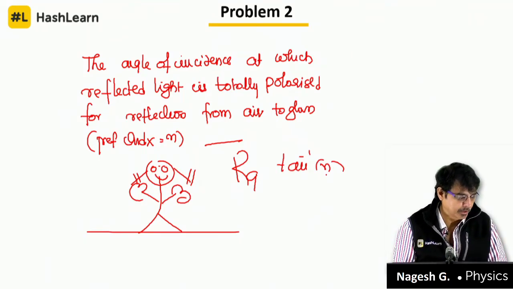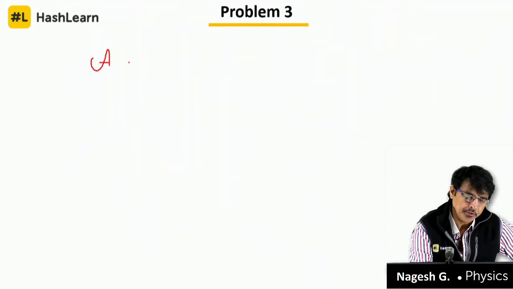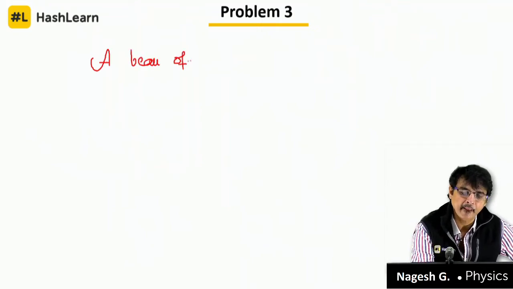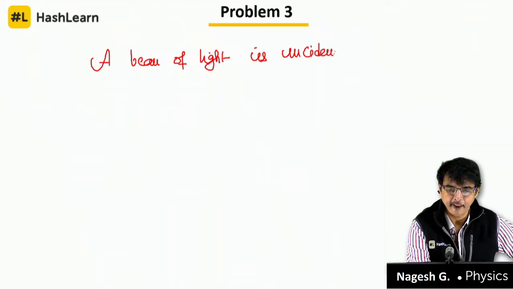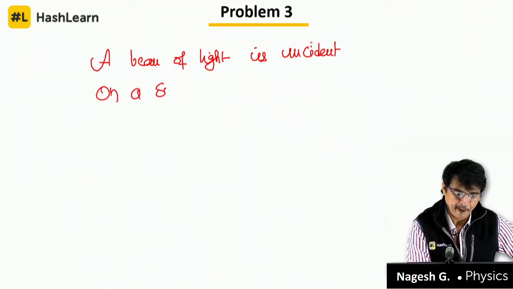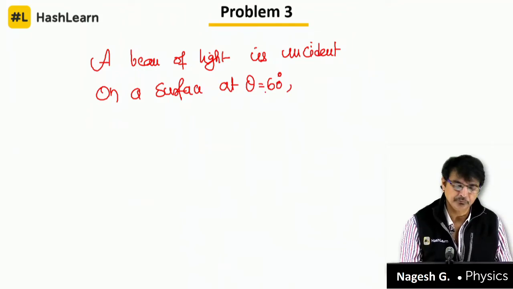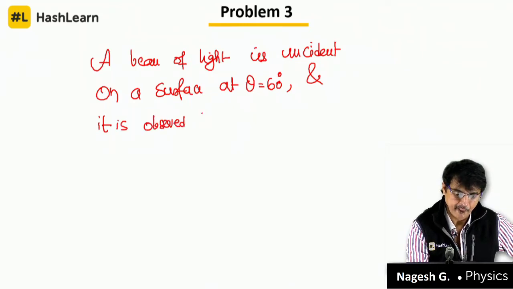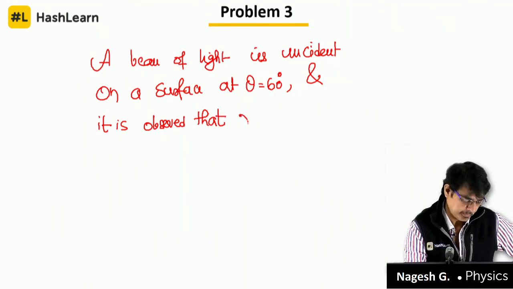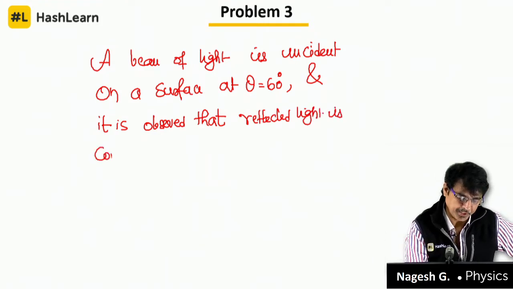Now, I am proceeding to the next problem. A beam of light is incident on a surface at theta equal to 60 degrees, and it is observed that the reflected light is completely polarized.